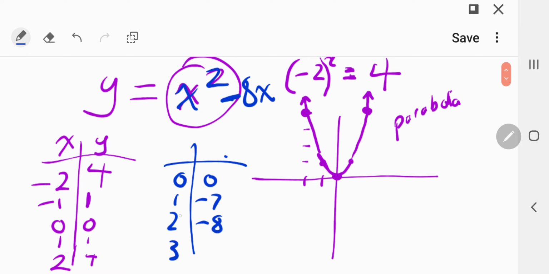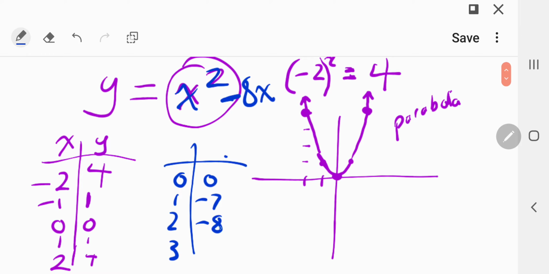Let's put 3 in. 3 squared is 9, minus 8 times 3 is... Should I do this right? No, I did not.